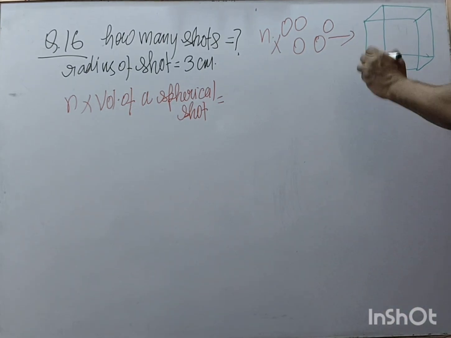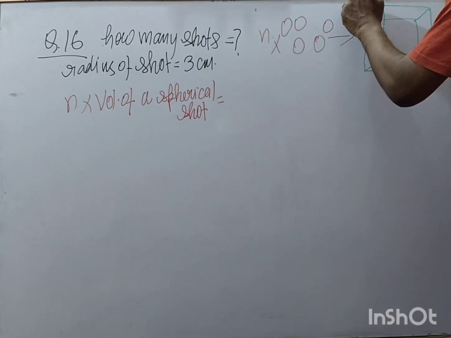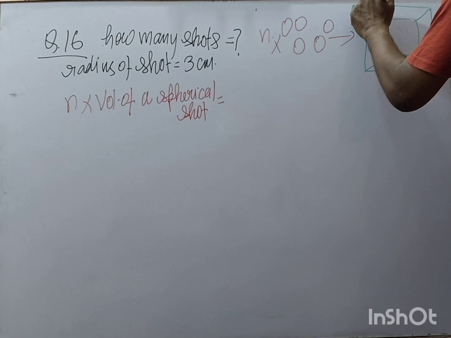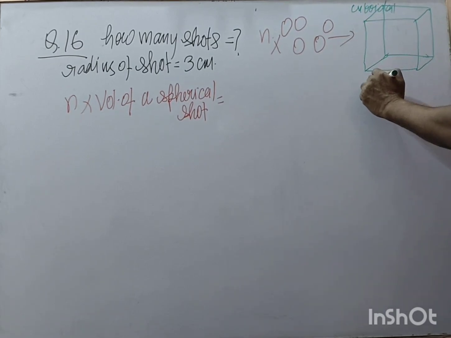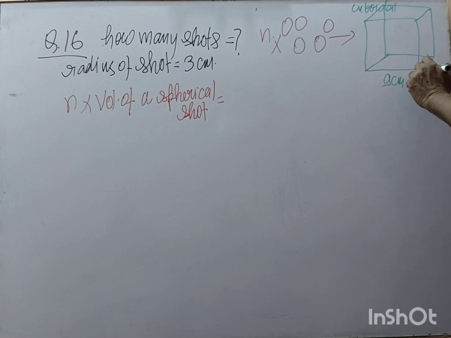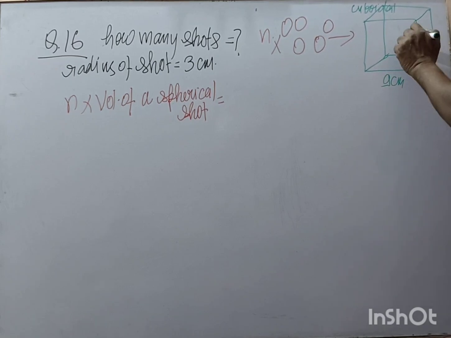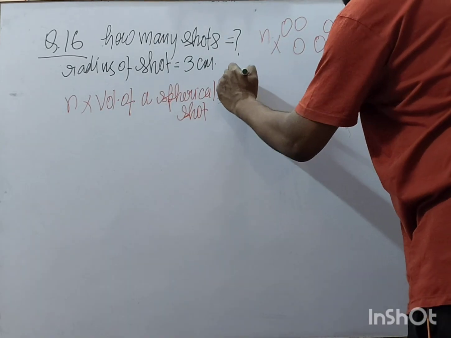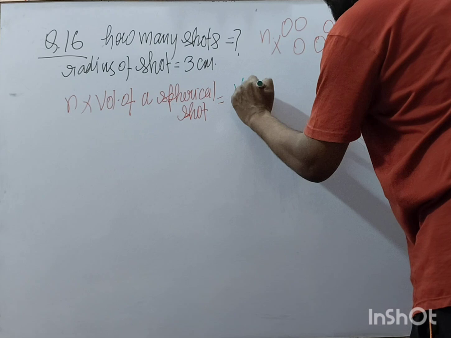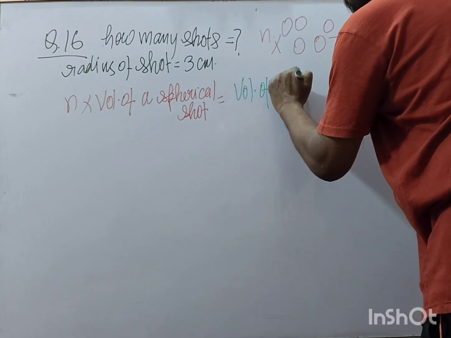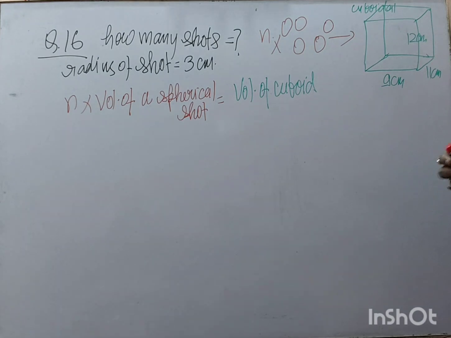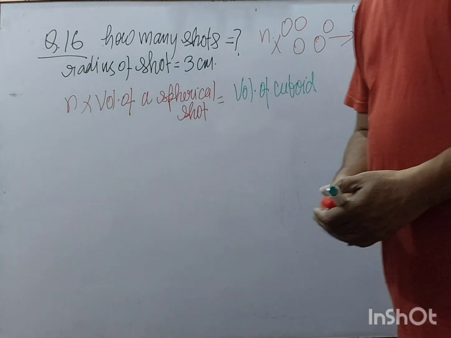It's cuboidal. So 9 centimeter into 11 centimeter into 12 centimeter. So that is equal to the volume of the cuboid.